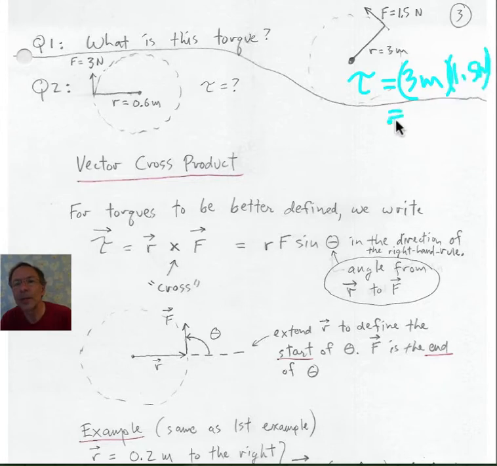And so it's going to come out to be 4.5, and the units are Newton meters. Oh, and it's positive because it's going counterclockwise. So the torque vector would be the dot pointing towards you.